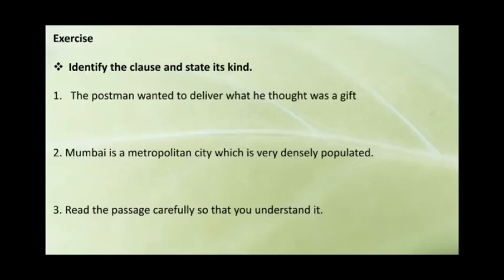So now we have completed the explanation. Let's find out the clause and state its kind. The first sentence is, the postman wanted to deliver what he thought was a gift. First we need to divide it into main and subordinate clause and then find out if it is a noun, adverb or adjective clause.